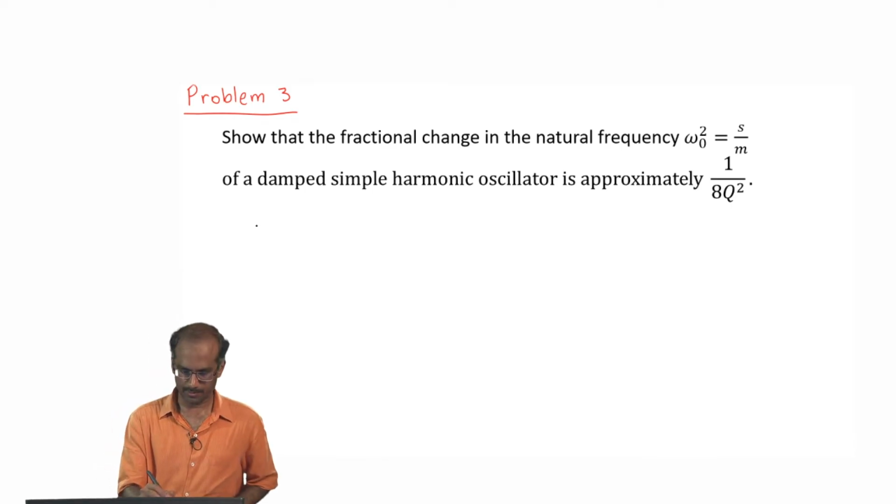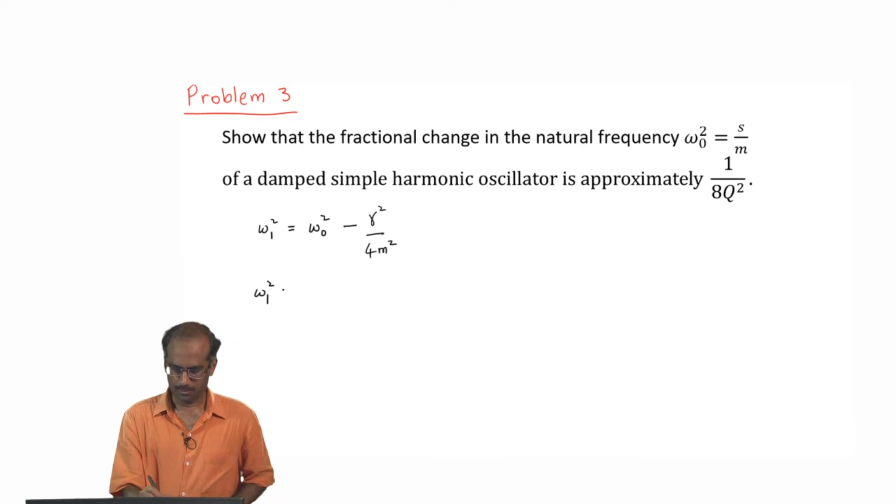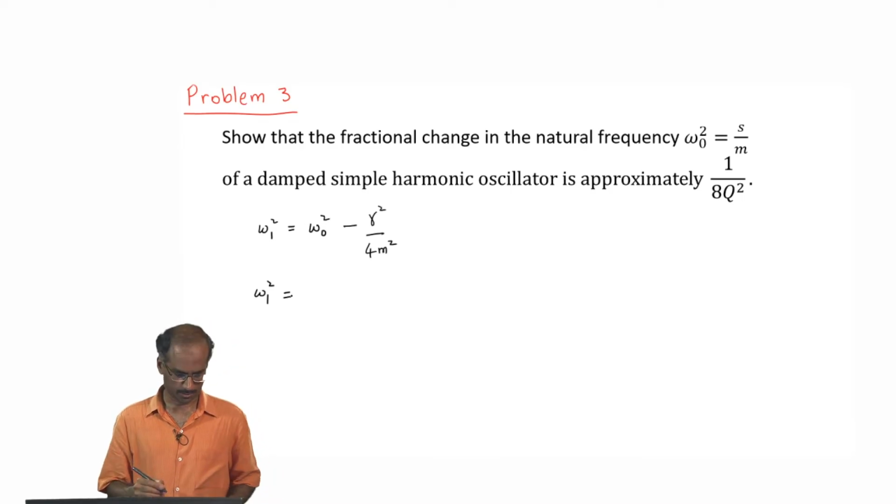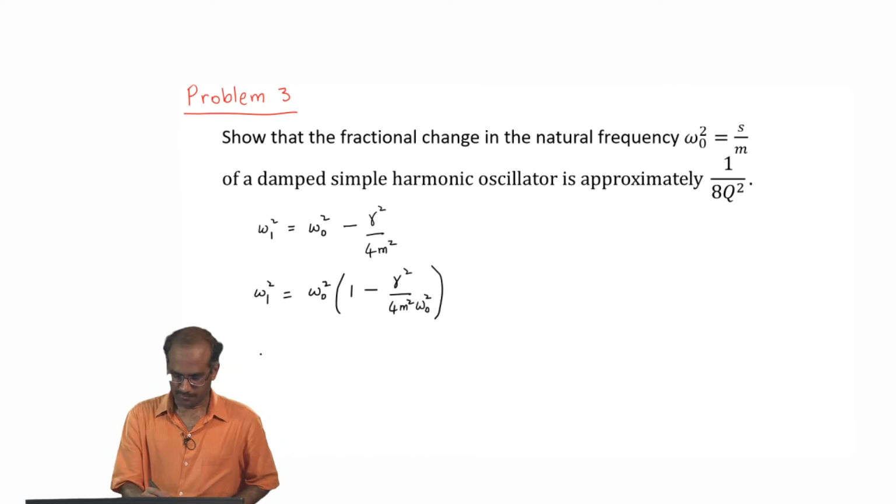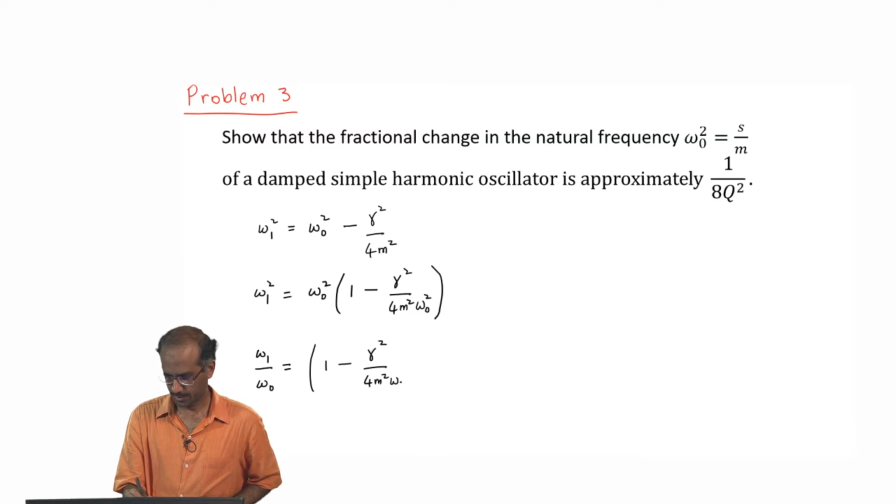The starting point for this is the formula which we had seen before. So, we will just slightly rearrange this equation, and if I take the square root, I will get omega by omega 0 is (1 minus gamma square by 4 m square omega square) whole to the power half.